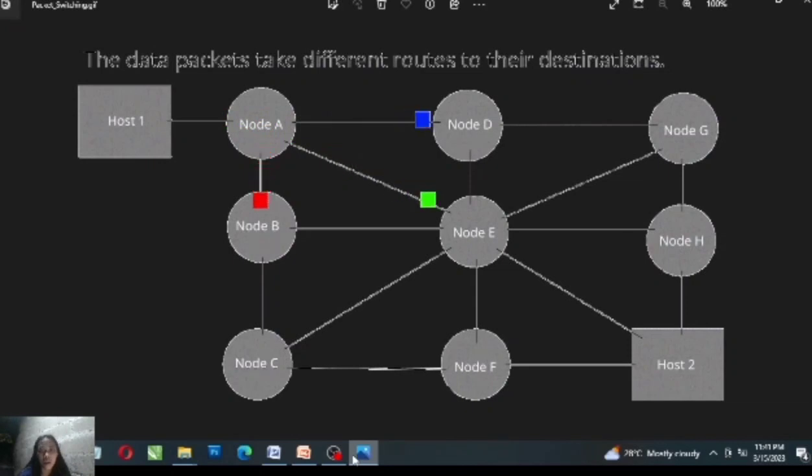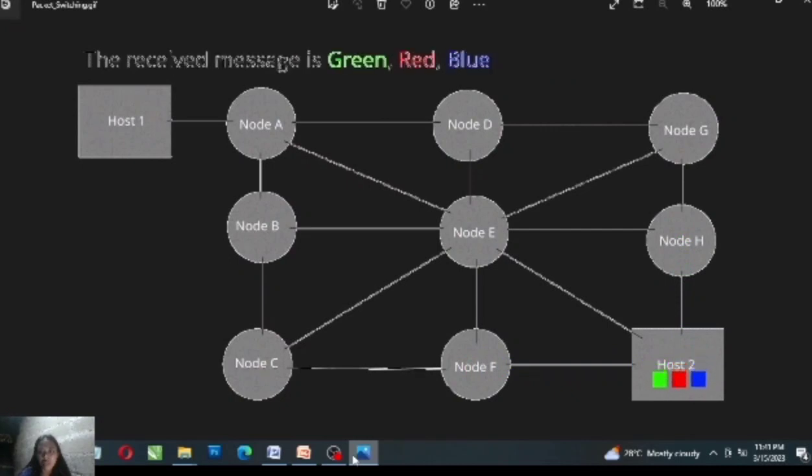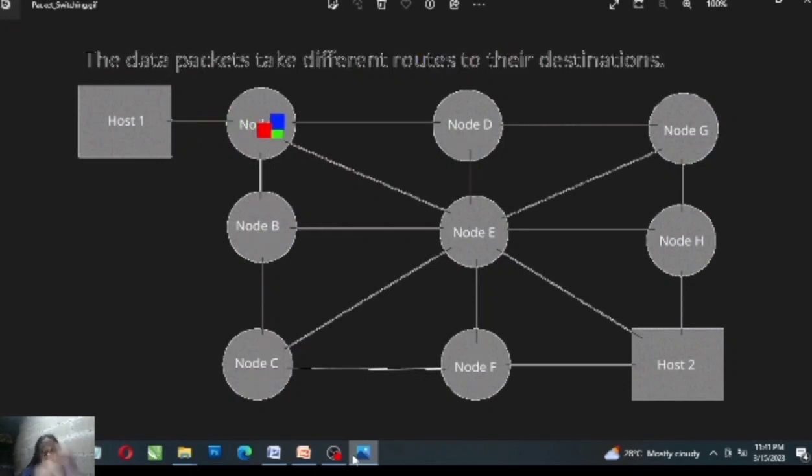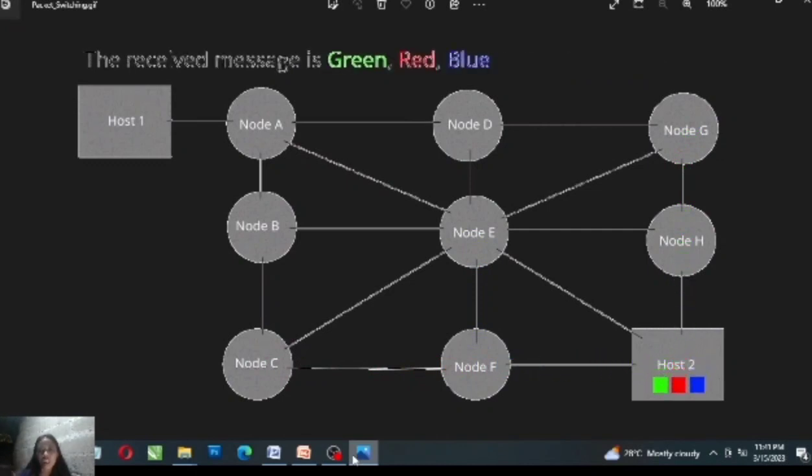From host 1 to host 2, or from sender to receiver, the packets are reordered from green, blue, red to green, red, blue. That's how the process of packet switching reassembles the packets.